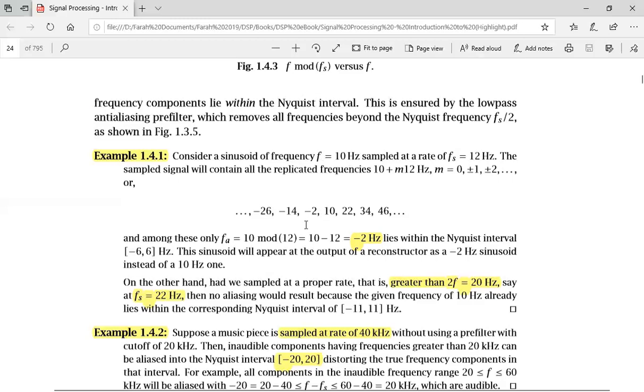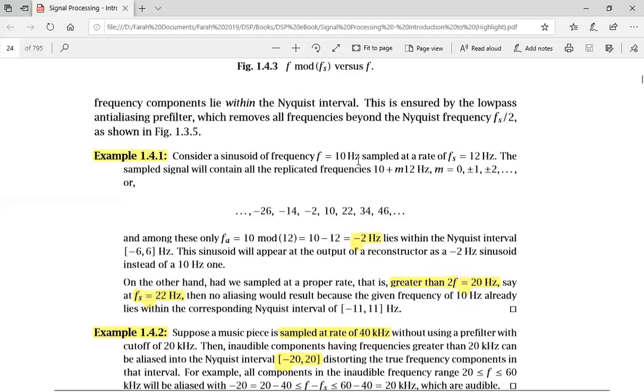Okay, so this means your frequency has been aliased, it has been mixed up, and you would not be able to get it back, because the original signal frequency is 10 hertz. And why has it happened? It has happened because your sampling rate for 10 hertz should be a minimum of 20 hertz, but you are undersampling this signal of 10 hertz.